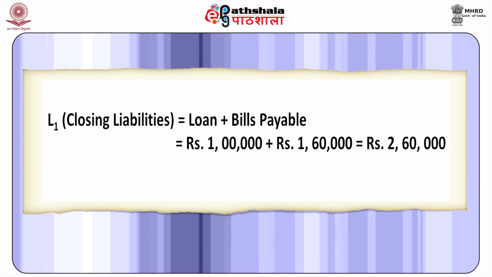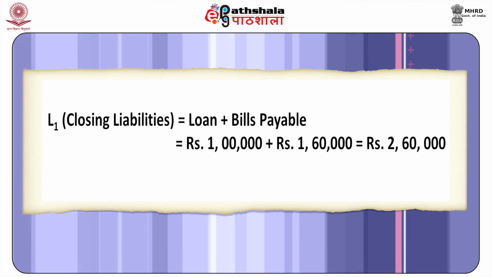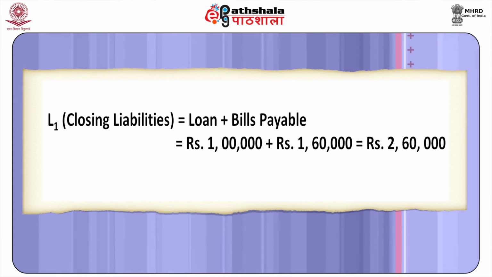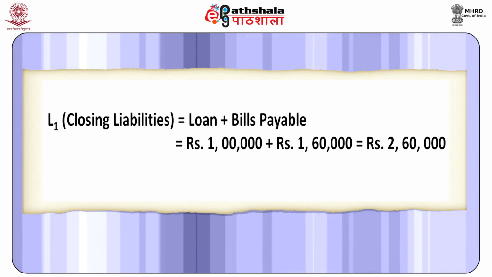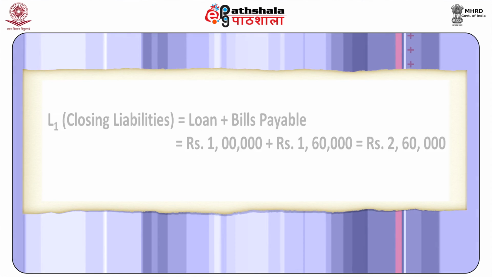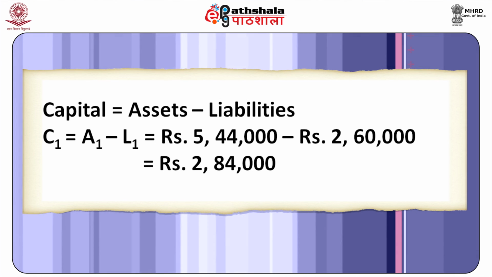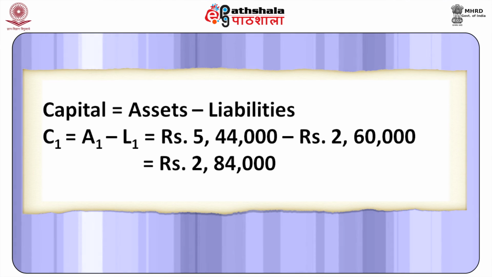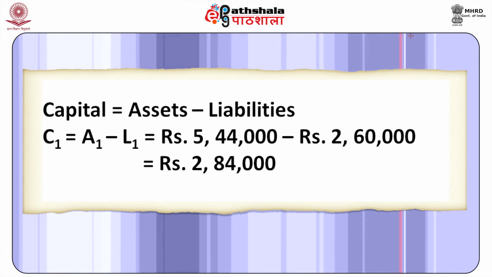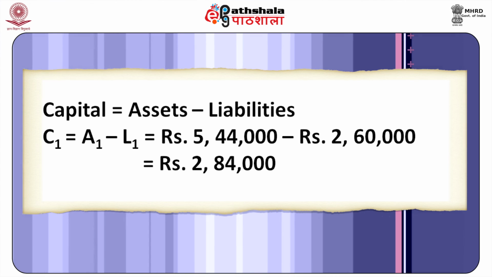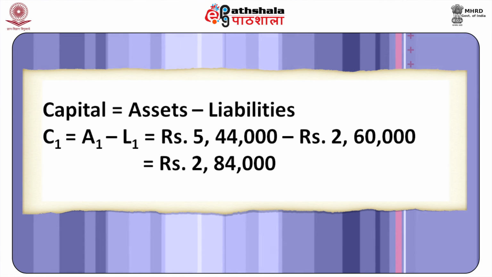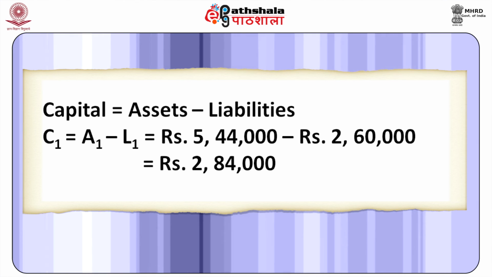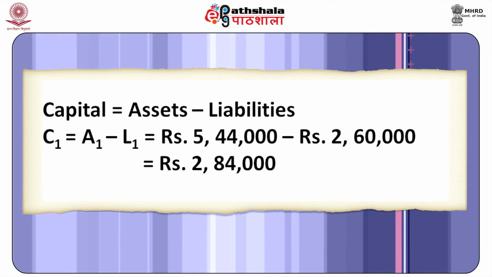Now L1, that is closing liabilities, is equal to loan plus bills payable, that is rupees 1 lakh plus 1,60,000, which will give you rupees 2,60,000. And on the C part, let us determine the closing capital. We know that capital is equal to assets minus liabilities. So C1 is equal to A1 minus L1, that is rupees 5,44,000 minus 2,60,000, which will give you 2,84,000.